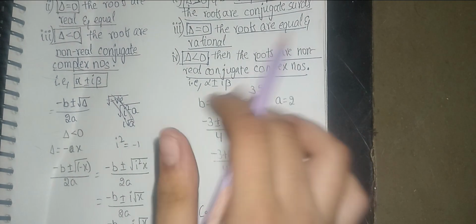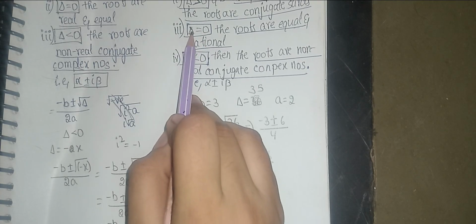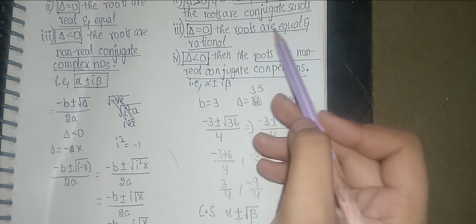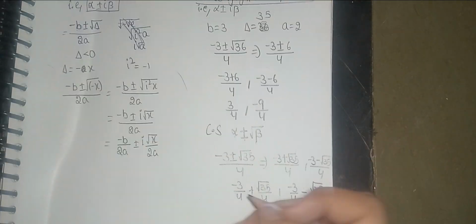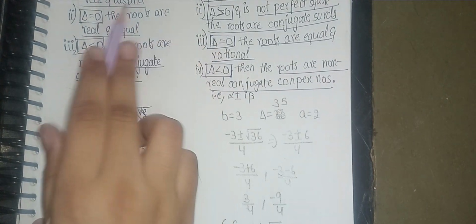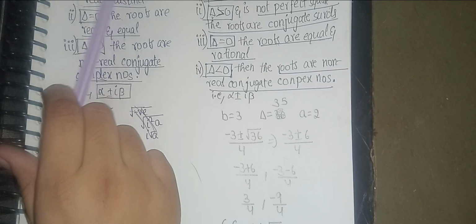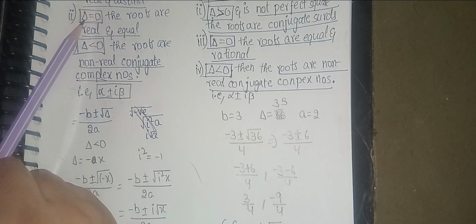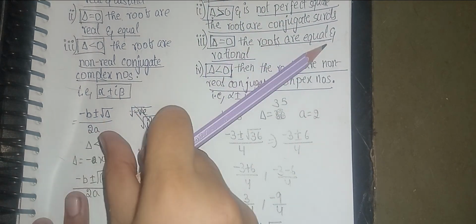Next, if delta is equal to 0, what is delta? Discriminant. Discriminant is equal to 0, the roots are equal. Here also you'll get an example. If a, b, c are real, the roots will be real and equal. If a, b, c are rational, the roots will be rational and equal.